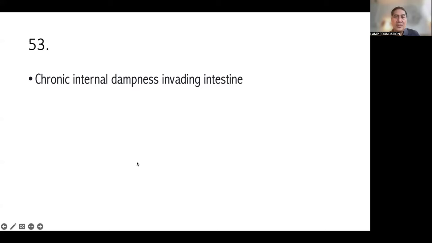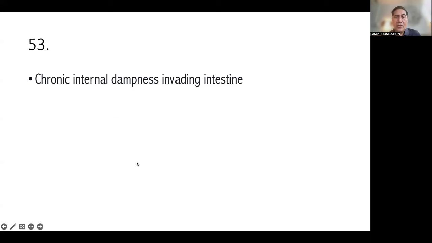What about chronic internal dampness invading the intestine? The tongue is also sticky at the root and the pulse is soggy. There is abdominal fullness and heaviness, loose stools with mucus.